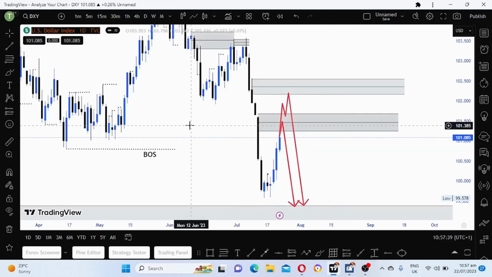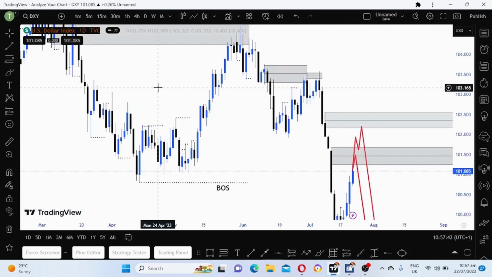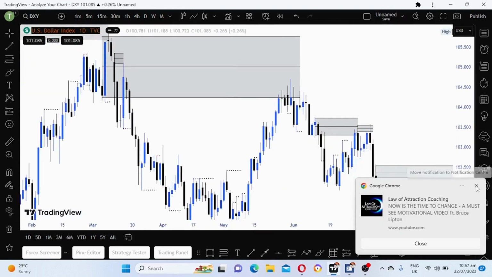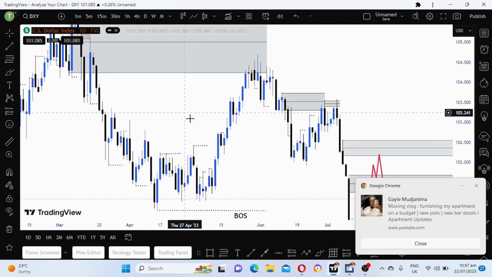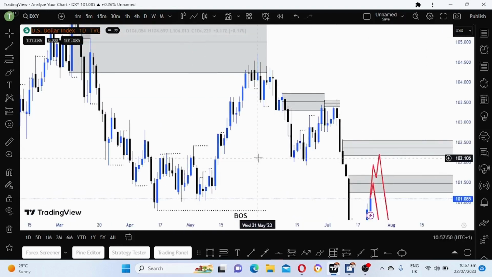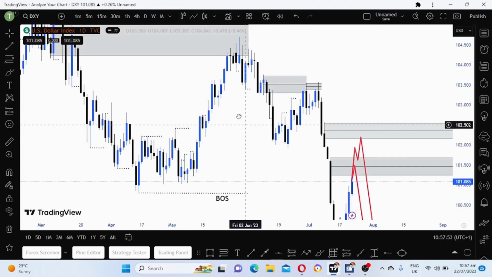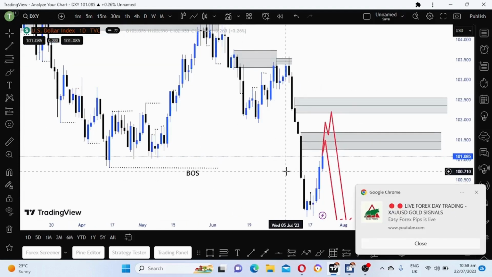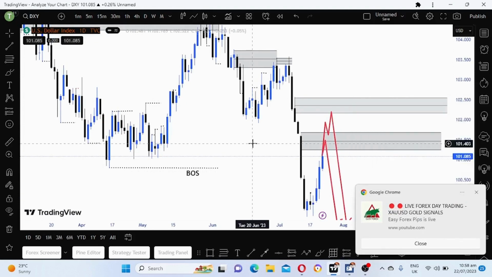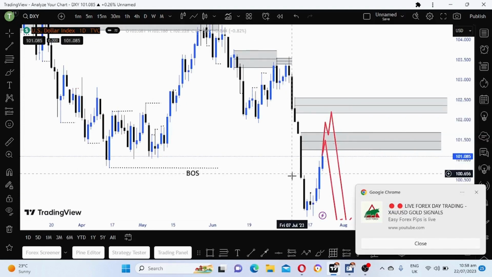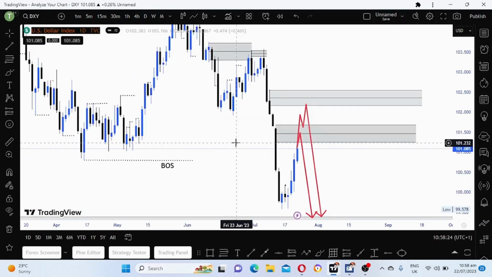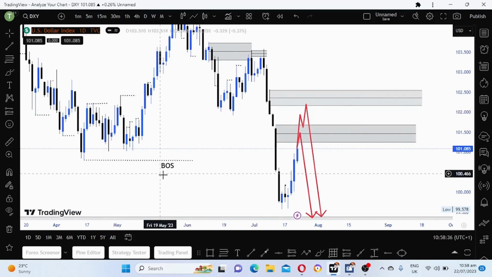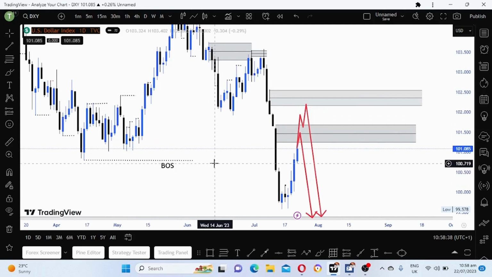Now looking at the DXY, as you can see, on daily we are in a bearish trend. So we broke structure to the downside, as you can see here on the charts.